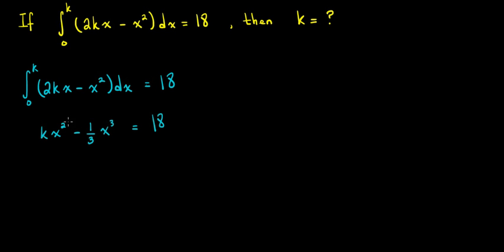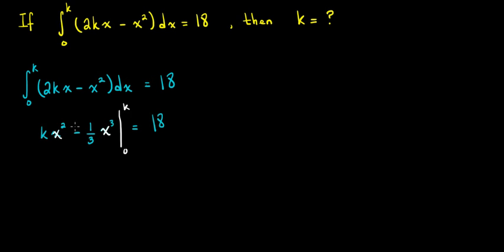However, because we evaluated this antiderivative, we have limits, from 0 to k, and this right here is the fundamental theorem of calculus that we're going to use. So I have to plug in my limits wherever I have an x value.